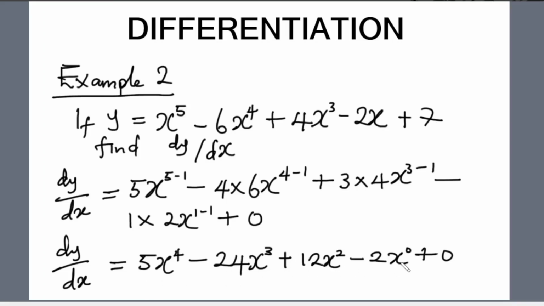Now, if you look at this, you would see that we have negative 2x raised to the power 0. According to the zeroth law of indices, anything raised to the power 0 is 1. So, x here becomes 1.